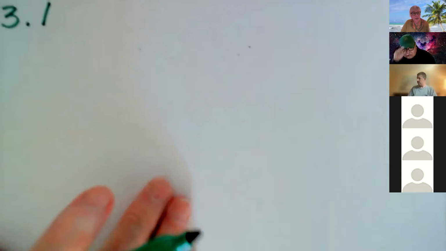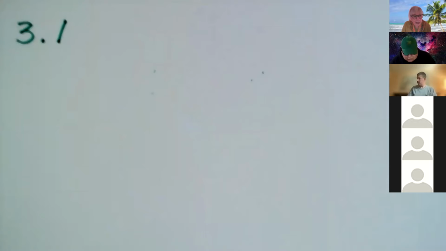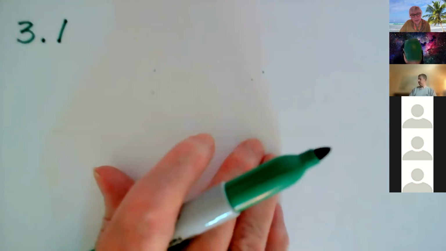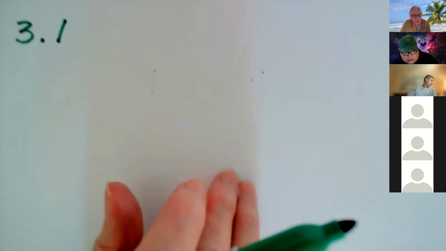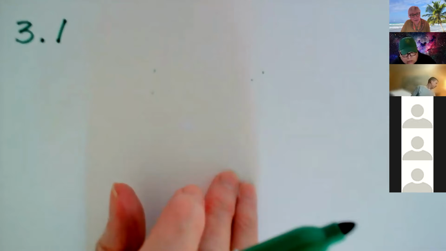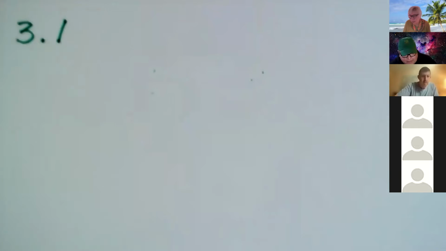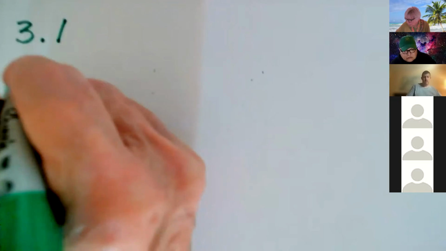So what I'm going to do is, this is 3.1. And again, this is not on the test. So I'm just going to get you started with this so that you'll understand. There's a rule in mathematics that I really haven't seen too often written down, but here's what it amounts to.